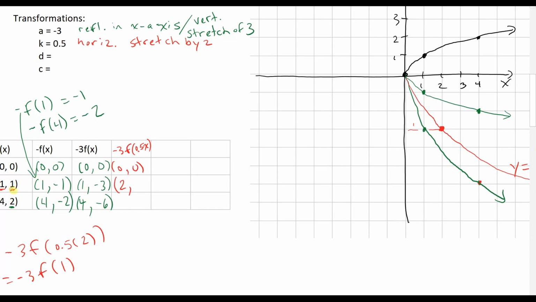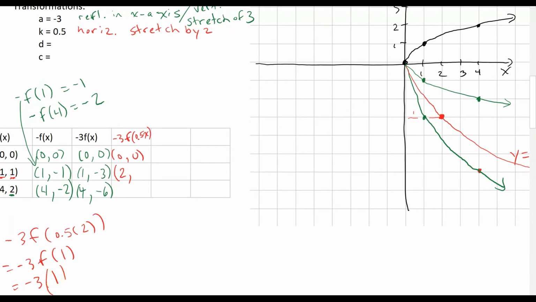F at 1 is equal to 1. Right? So I chose my x value on purpose so that my input into the function would be 1. And my y value is -3 still.